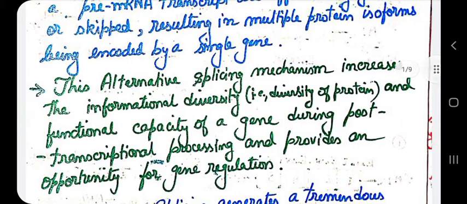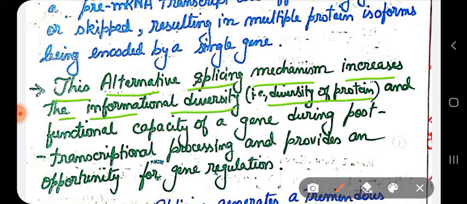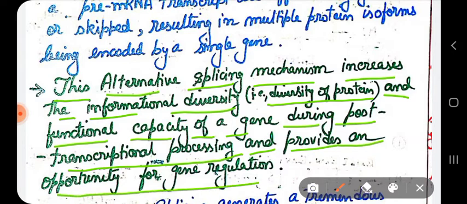Now this alternative splicing mechanism increases the informational diversity, the diversity of proteins being produced from the same gene, and the functional capacity of a gene during post-transcriptional processing, and provides an opportunity for gene regulation.